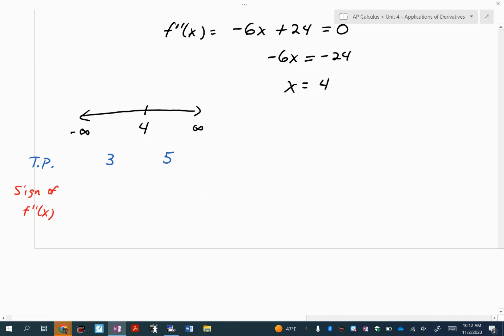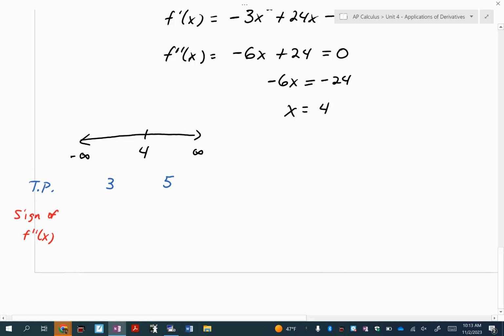Since I didn't factor it, it might be a little tougher to plug in. But what's 3 times negative 6? Negative 18 plus 24 is positive 6. And if I plug in 5, that would give me negative 30. Negative 30 plus 24 would give me negative 6.